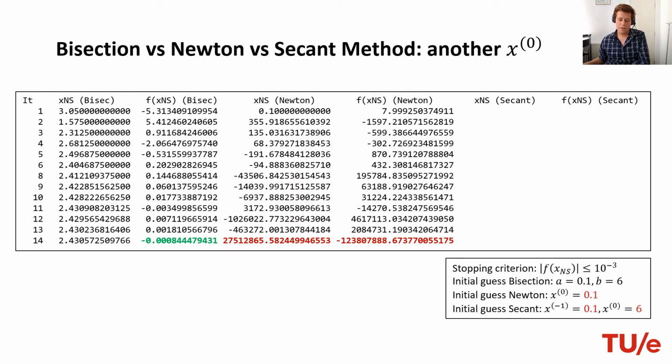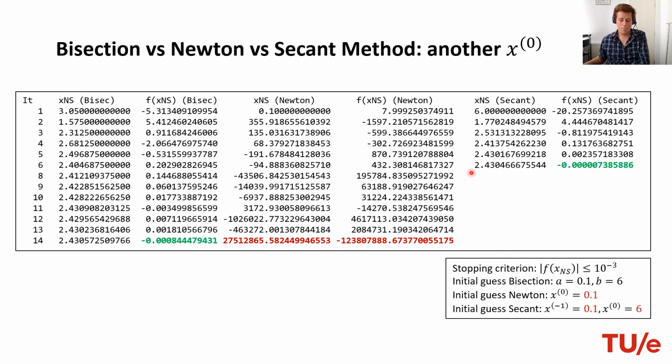We saw that Newton's method was not very robust. If we choose a different initial guess, Newton's performance really starts to struggle, and sometimes Newton even diverges, as in this case. Whereas if we use the same conditions for the secant method, we see that it converges without any problems.